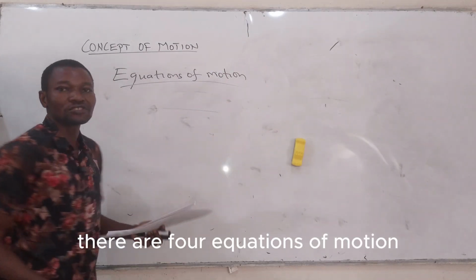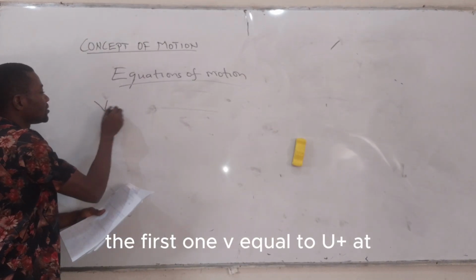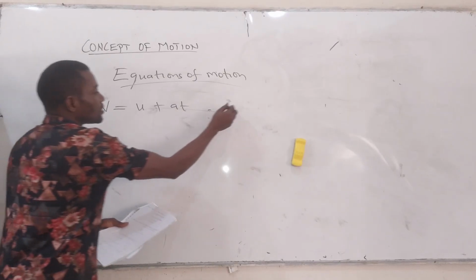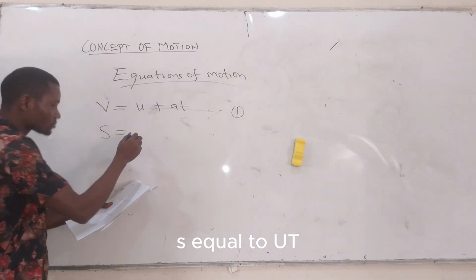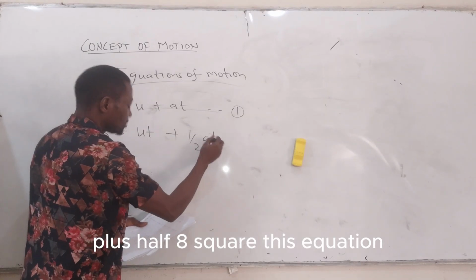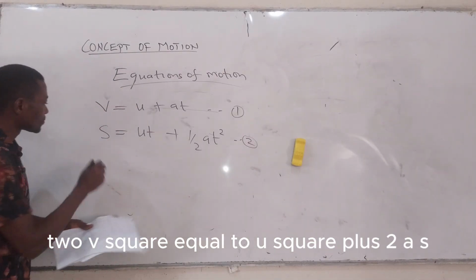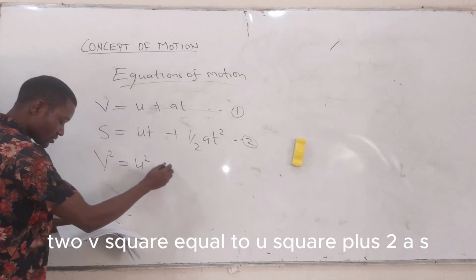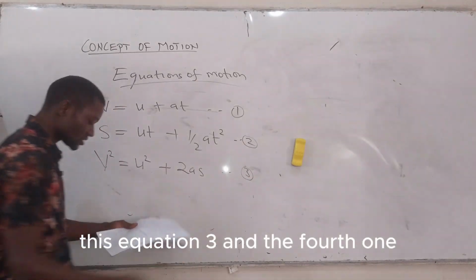There are four equations of motion. The first one, V equal to U plus AT. Let's call this equation 1. S equal to UT plus half AT squared, equation 2. V squared equal to U squared plus 2AS, equation 3.